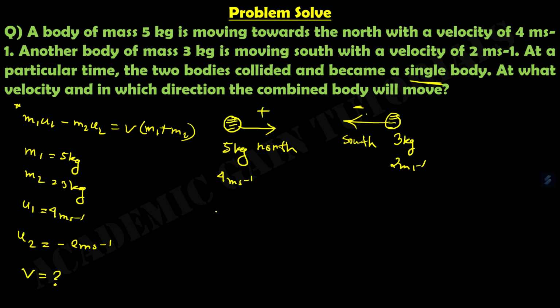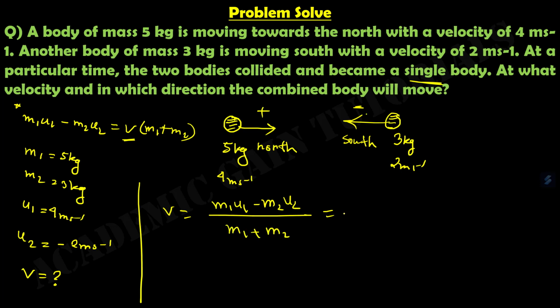First of all we calculate the velocity of this body. So for v we can write v equals m1 u1 minus m2 u2 divided by m1 plus m2. Here we can write m1 as 5, u1 as 4, minus m2 as 3 and u2 as 2.